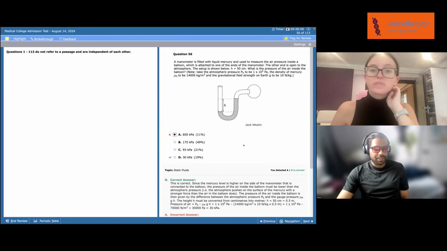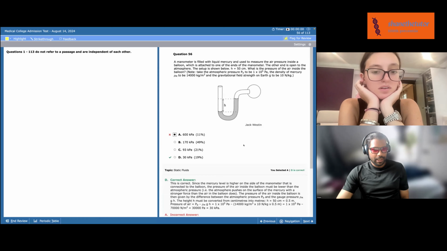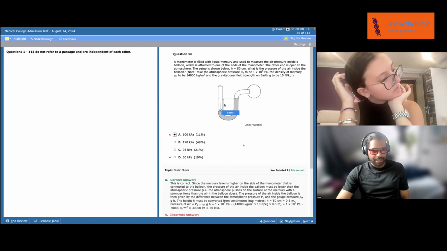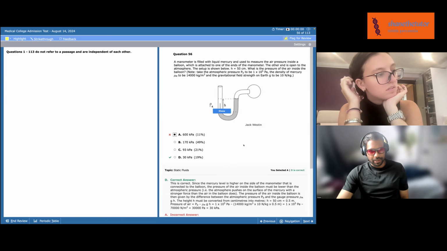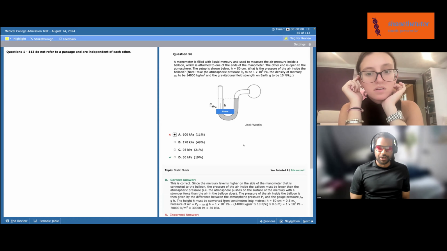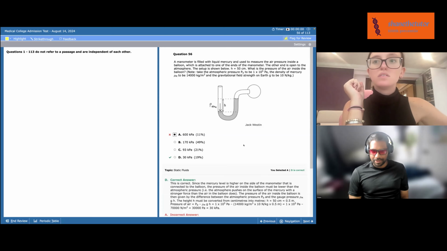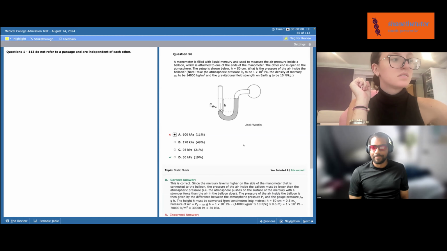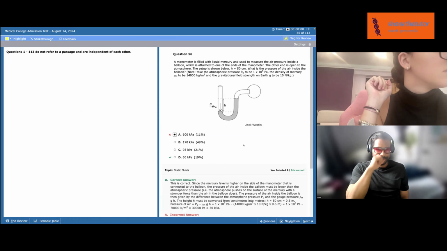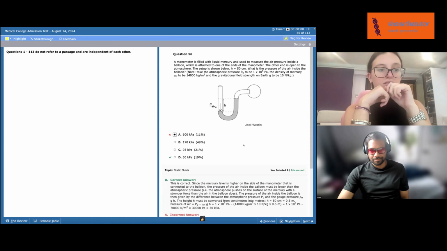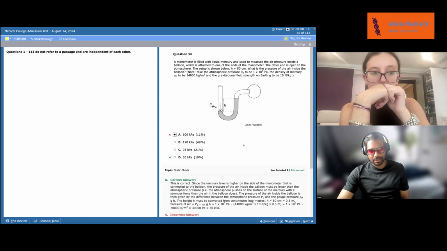Okay. So we can say that this is the atmospheric pressure on that open end of the tube, right? And then what's pushing against this part should be the pressure of the balloon, right?